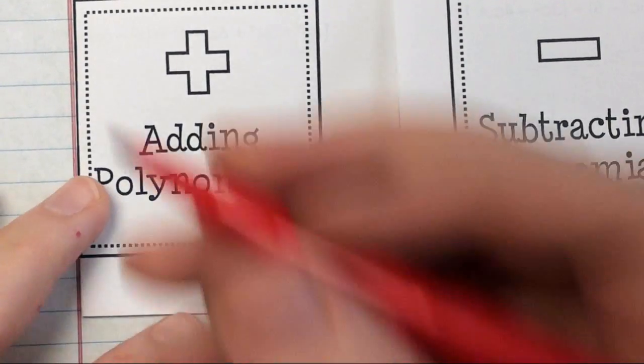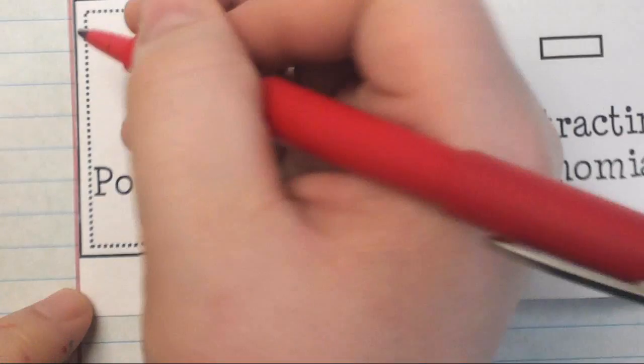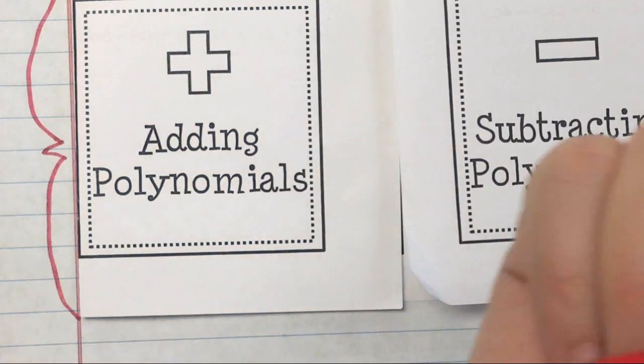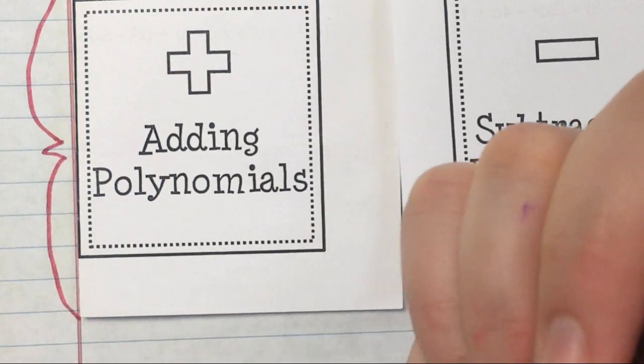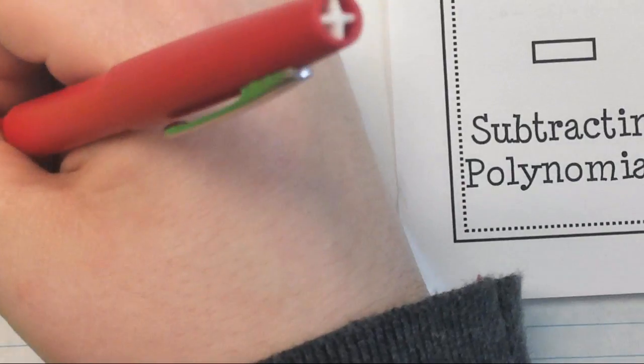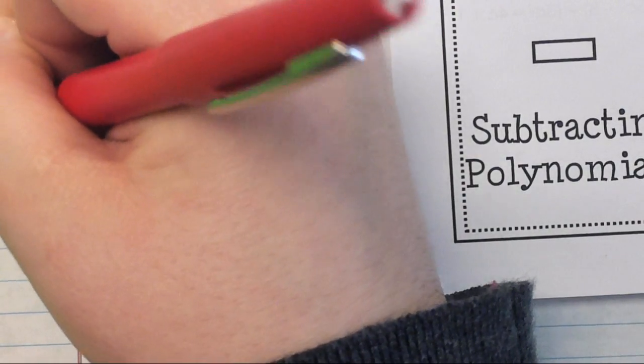Never mind. So, when we're adding polynomials, what do you always do in math class when you have a problem? You're supposed to combine what? Like terms. I'm glad we're on the same page.